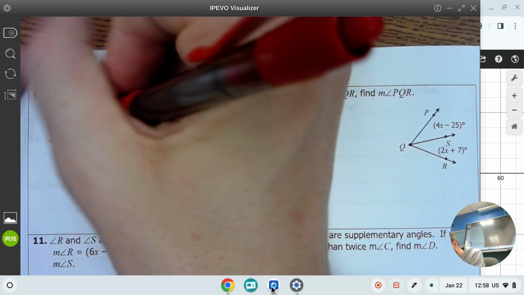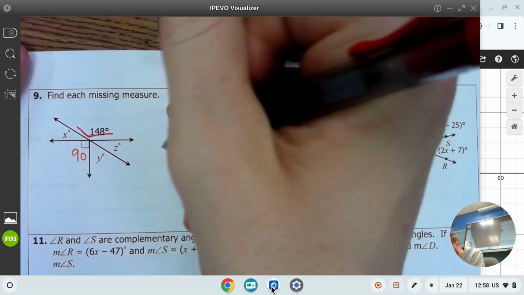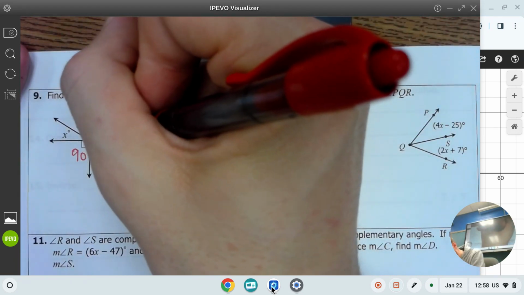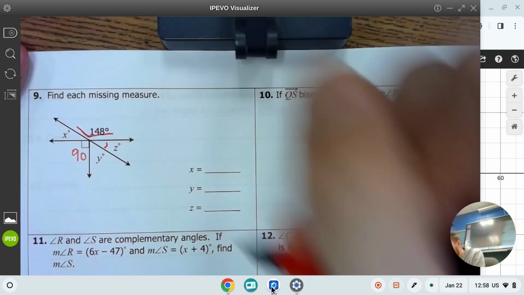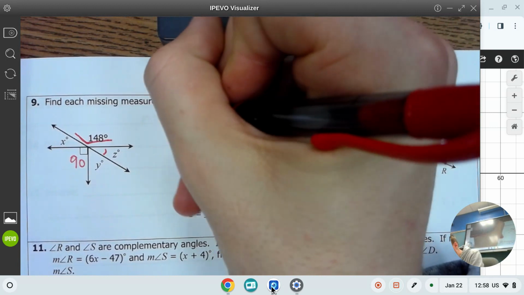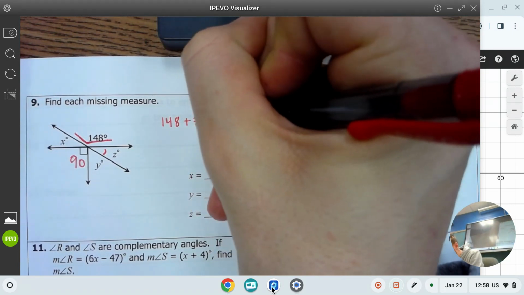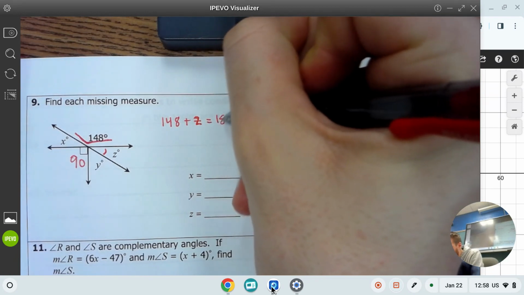We know that, for example, our big angle here, 148, combined with this smaller angle Z, should add up to 180. 148 plus Z is equal to 180.